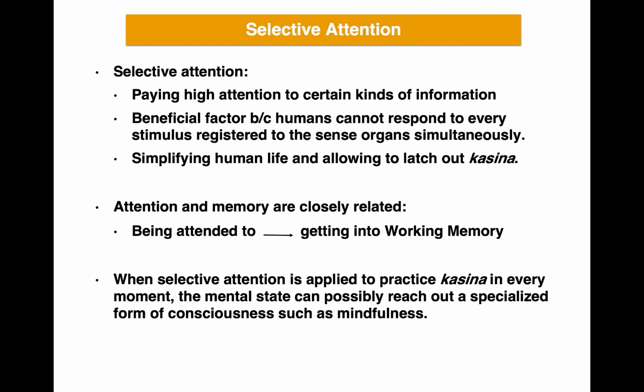Attention and memory are closely related. Being attended to leads to getting into working memory. When selective attention is applied to practice Kasina in every moment, the mental state can possibly reach a specialized form of consciousness such as mindfulness.